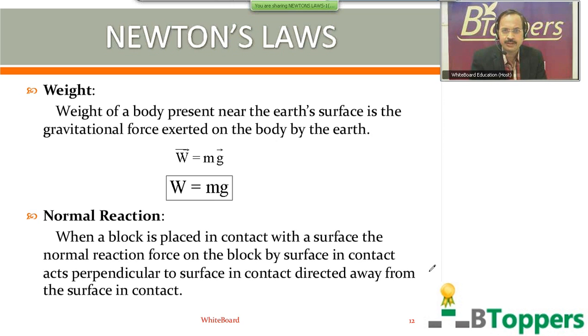The weight of a body present near the Earth's surface is the gravitational force exerted on the body by the Earth. So in vector form, we write W bar equal to mg bar. Here m is the mass of the body, and g bar is the acceleration due to gravity. The magnitude of the weight of the body can be written as W equal to mg.